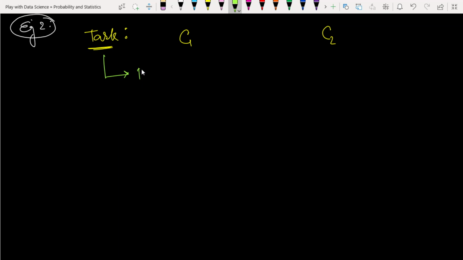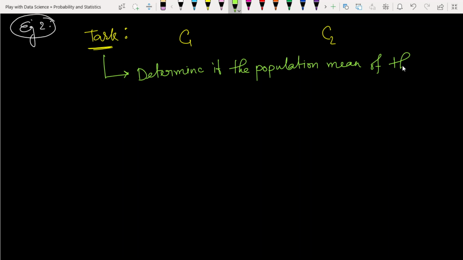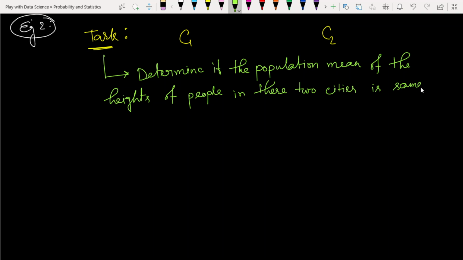So we have to determine if the population mean of the heights of the people in these two cities is the same or not.